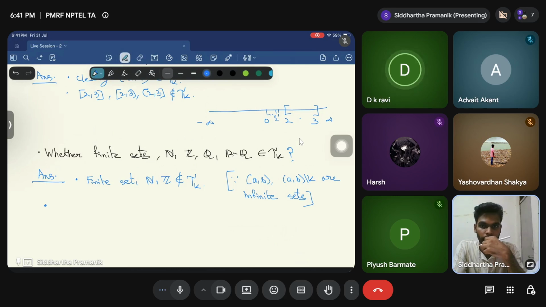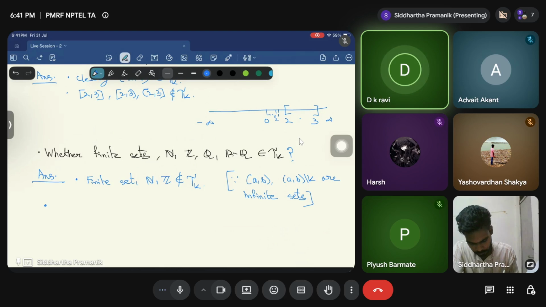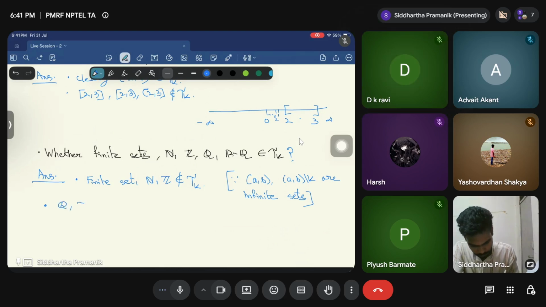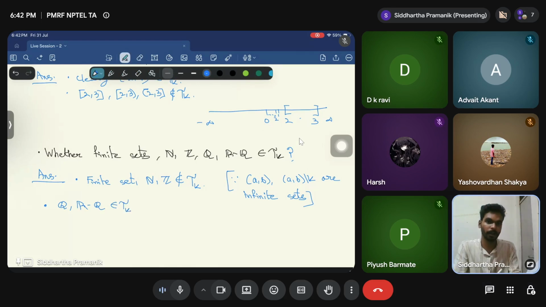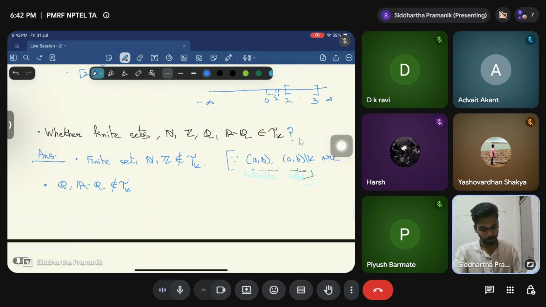They are also not members of tau k, and the reason is their density. We have seen a similar argument in the lectures for the usual topology. So inside Q and inside R minus Q, they cannot contain intervals. I am leaving it to you.